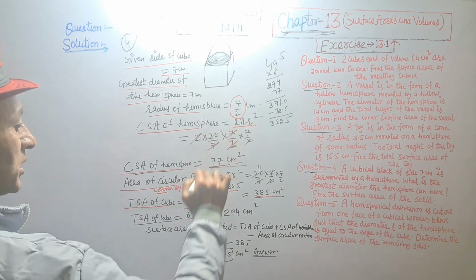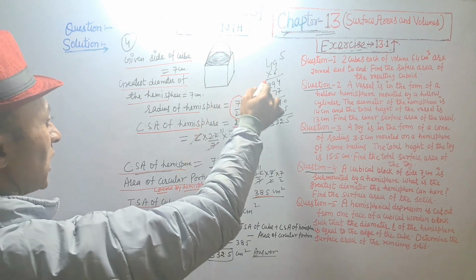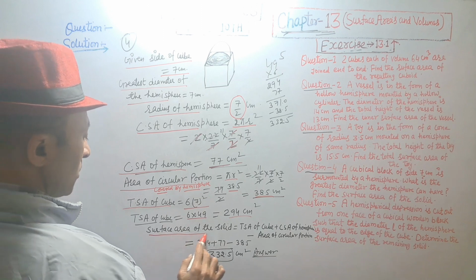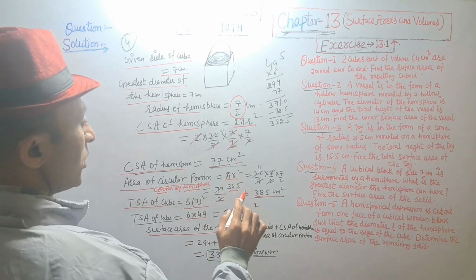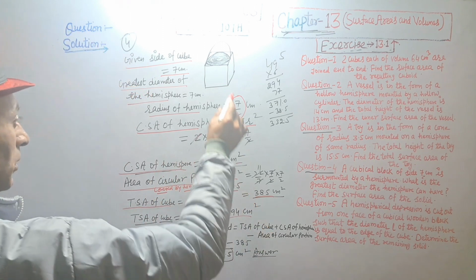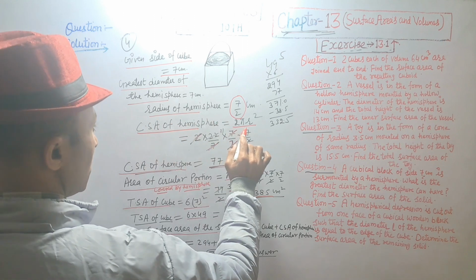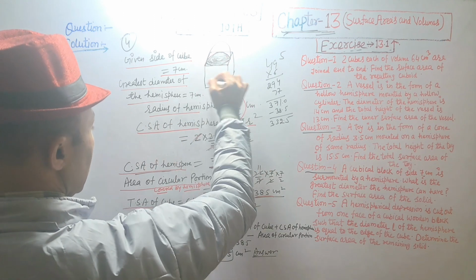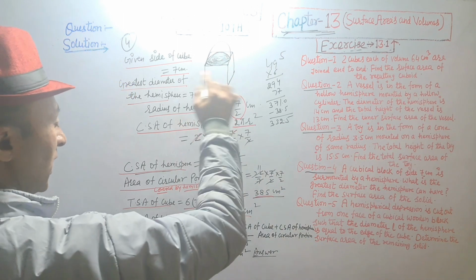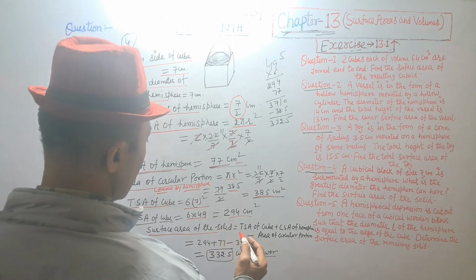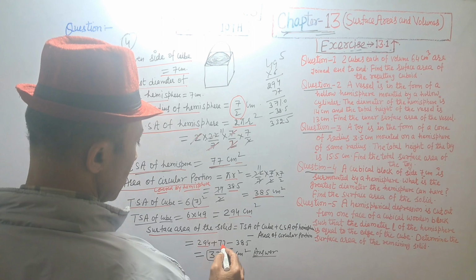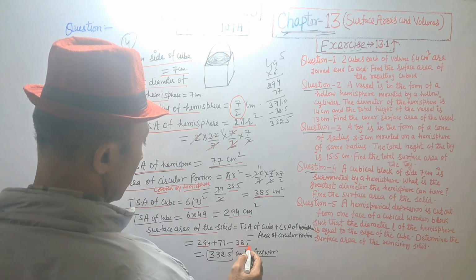Side is 7, 7 7s are 49, 49 into 6, that is equal to 294 centimeter square. And surface area of the solid is equal to TSA of cube plus curved surface area of hemisphere minus area of circular portion covered by the hemisphere, that is equal to 294 plus 77 minus 38.5.